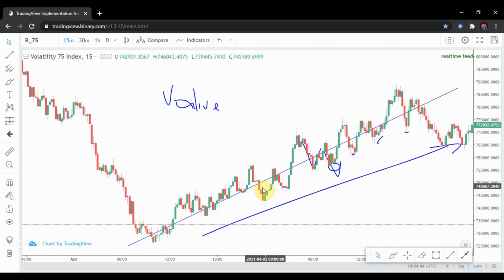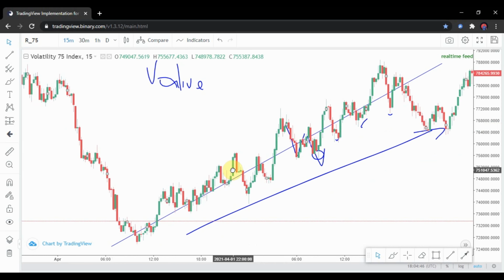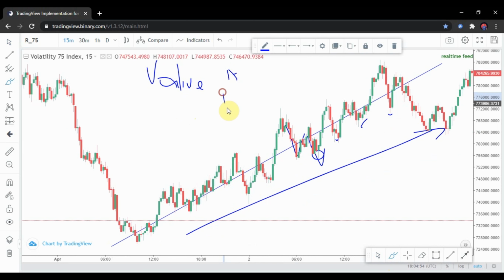So that's the intrinsic value. Once you identify it, your role as a trader is to only observe if the market is above or below the line of intrinsic value. If it is below, then that's where you're going to be looking for buying opportunities, not actually drawing your line touching the lows.